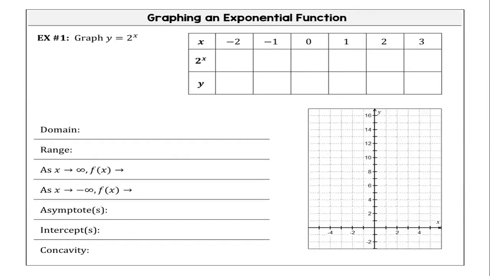All right, so we're going to start with our parent function. What I want you to do, you should have a calculator on your table. I would like for you to create this function in your handy dandy calculator, and you're going to fill in the table, okay?